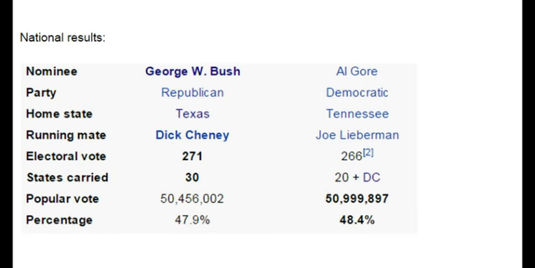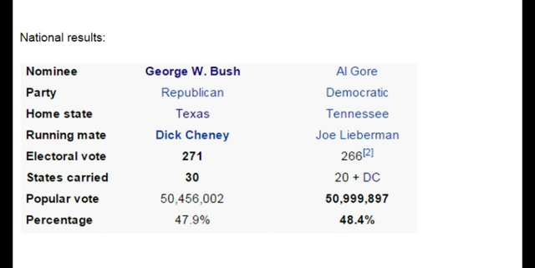So what that means is that George Bush got all of the electoral votes and Al Gore got none of them. And as you can see in the election, George Bush won 271 to 266, very close election. Gore actually had about 500,000 more votes nationally, but that was pretty much neck and neck. It's a very, very close election on all fronts.